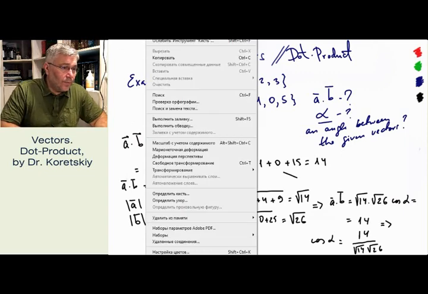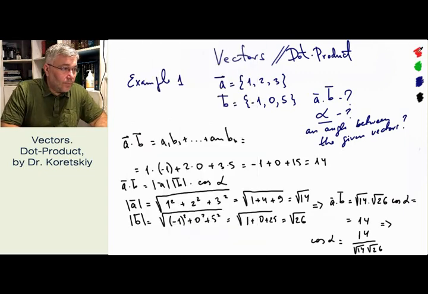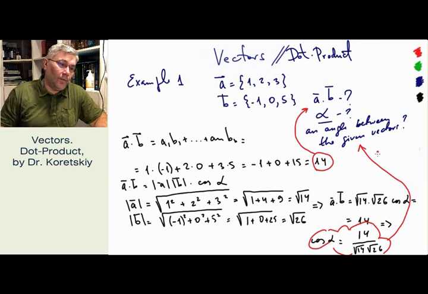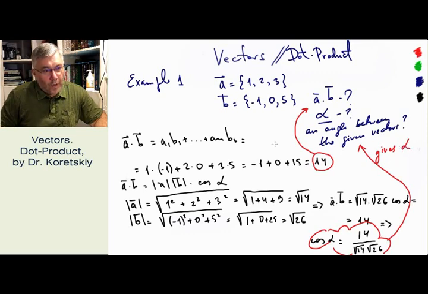So we have two answers here. 14 is the answer to the question of calculating the dot product, and the formula for cosine alpha is the answer to the question about alpha.